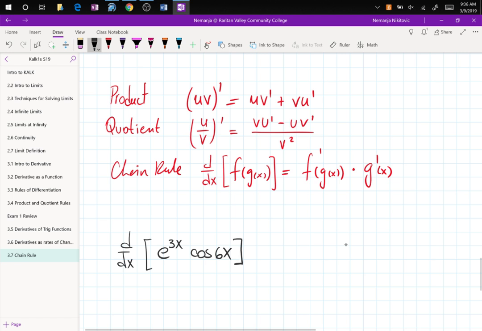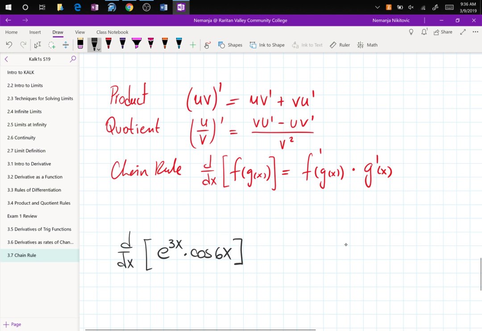Now, both of those are chain rules, because you have a function 3x within e, and you have a function 6x, which is linear, within cosine. So you have two chain rules there. But the most important thing is that these two functions are multiplied, which means that you have a product rule to worry about, and then you have two chain rules inside.